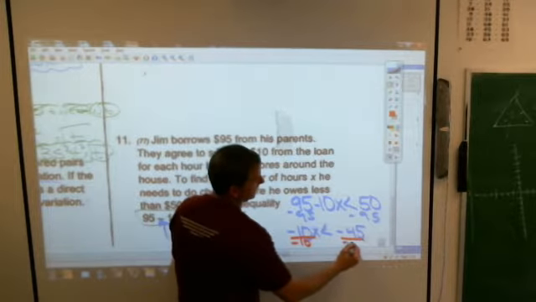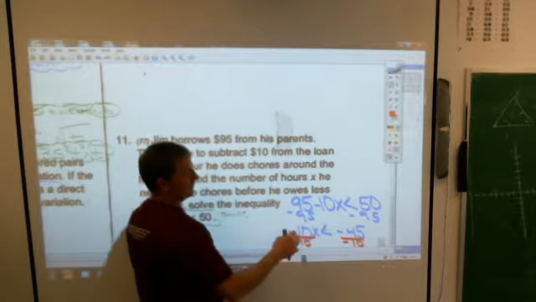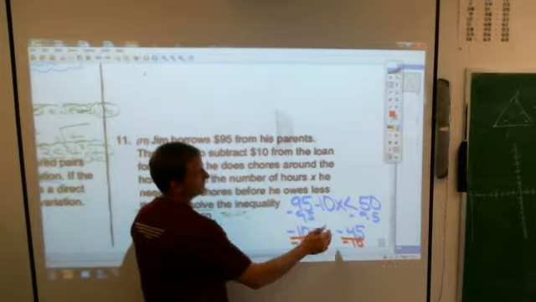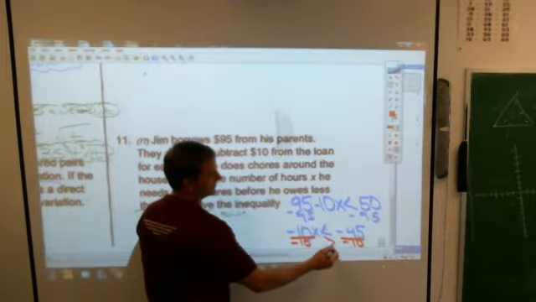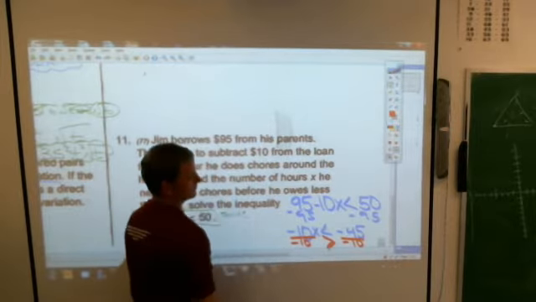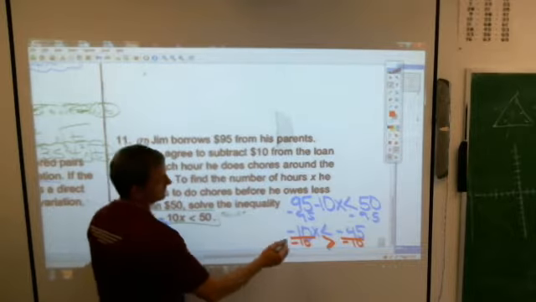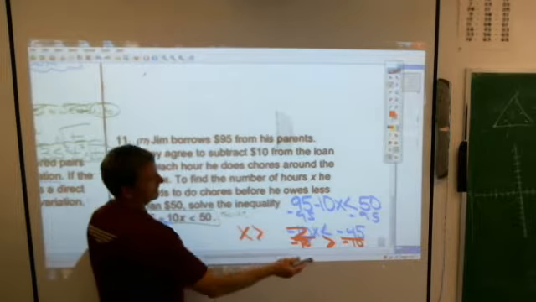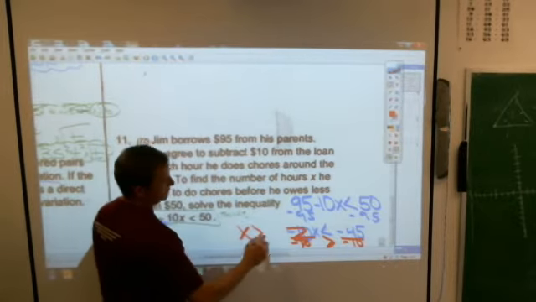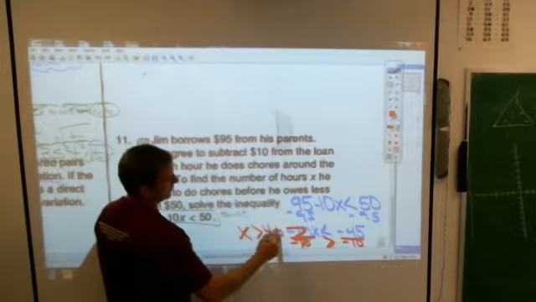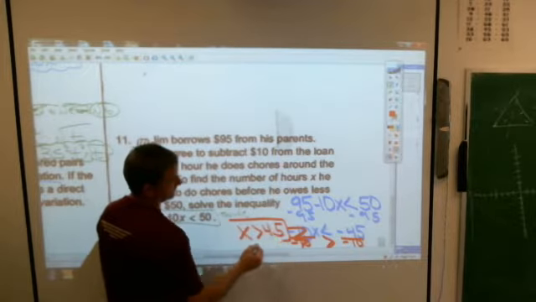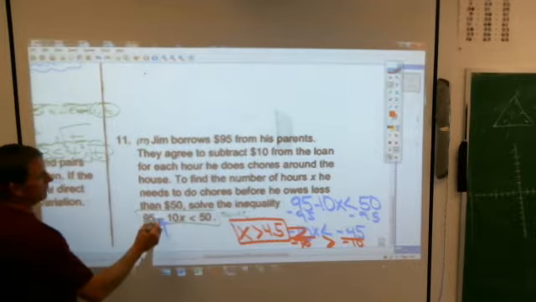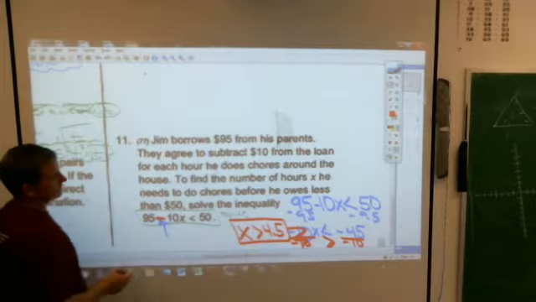If you divide or multiply by a negative and change the sign of the variable, the inequality sign itself will change as well. So when all the proverbial smoke clears, you end up with an x greater than, and if you divide 45 by 10, you get 4.5. This is always something to watch out for right there.